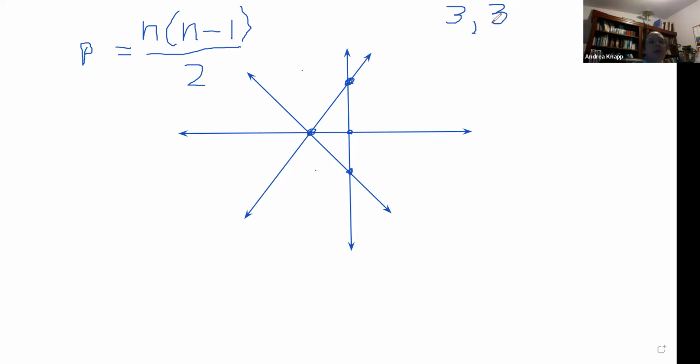Are you in agreement with that one? Look at the chart in the back of the book, because we're just trying to find the pattern right now. Yeah, 3. So 3 and 3. What about 2 lines, with how many points?